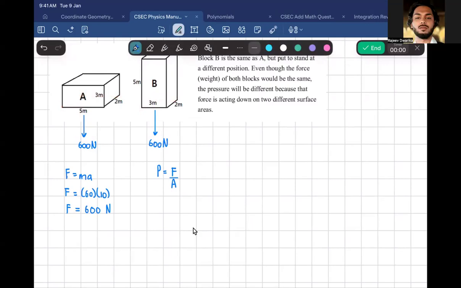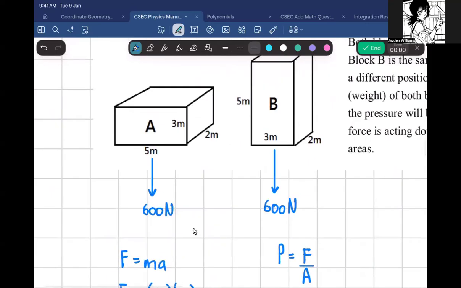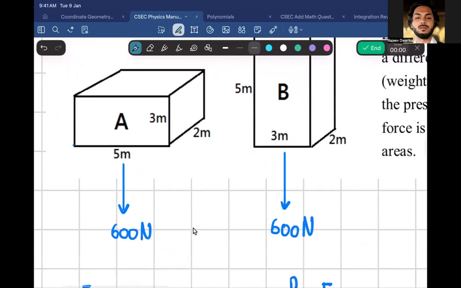So let's find the area of block A. What would the area for block A be? So this is the area we're talking about.